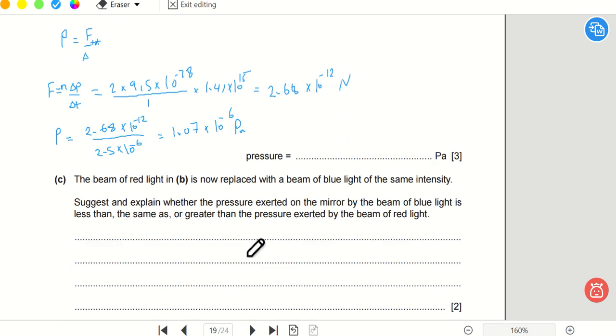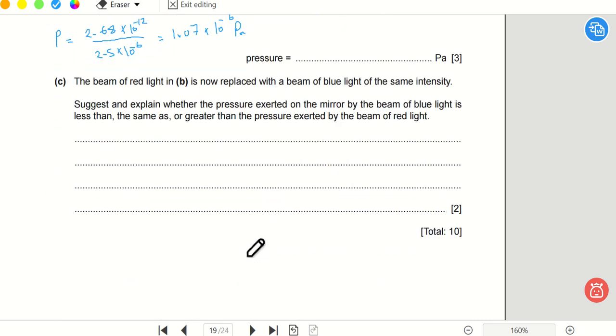The beam of red light is now replaced by blue light of the same intensity. Red to blue means a decrease in lambda. Okay, so frequency increases or lambda decreases, and it's of the same intensity. Again, we know that intensity is related to number of photons and energy of photon.